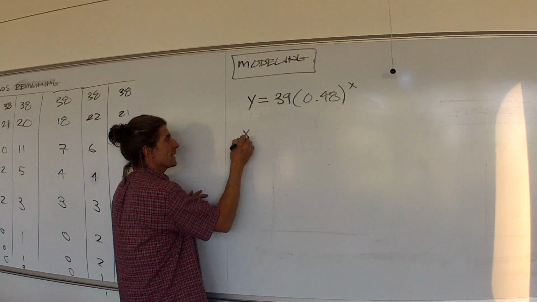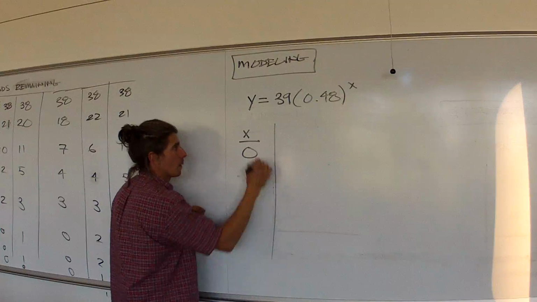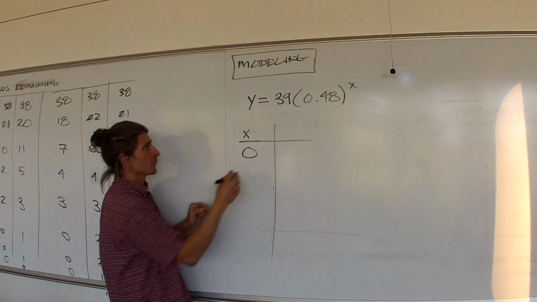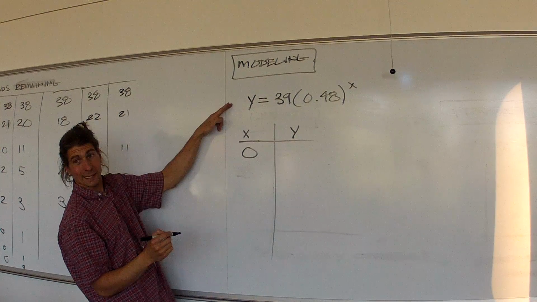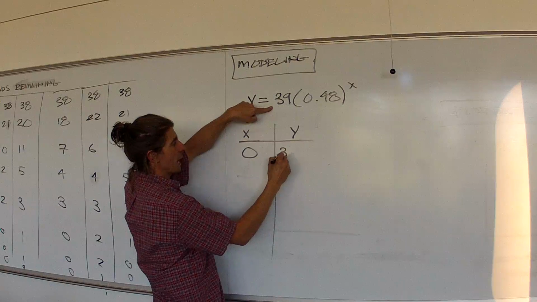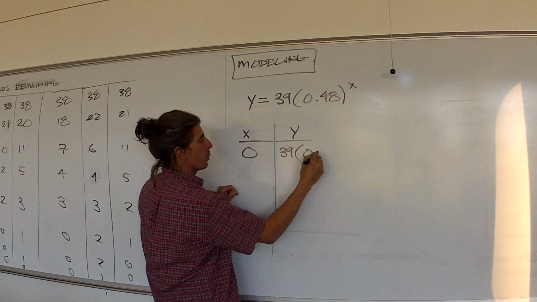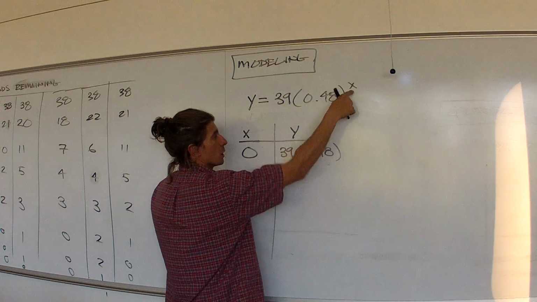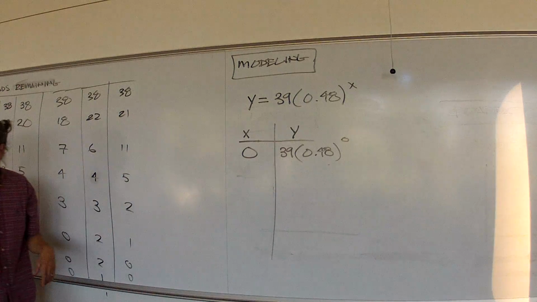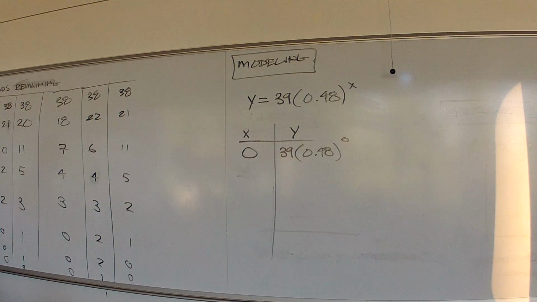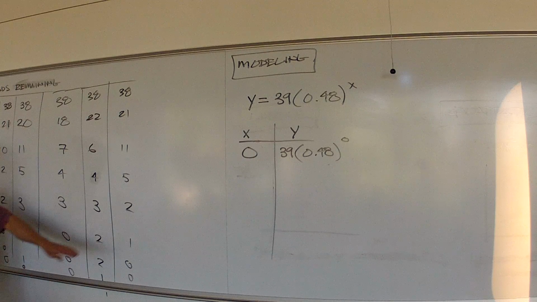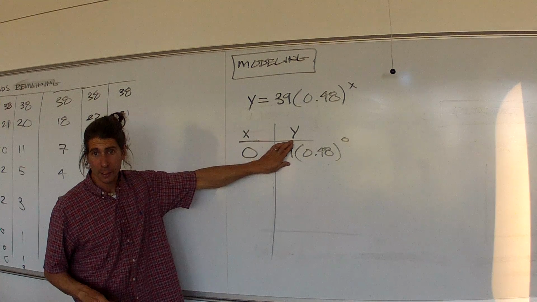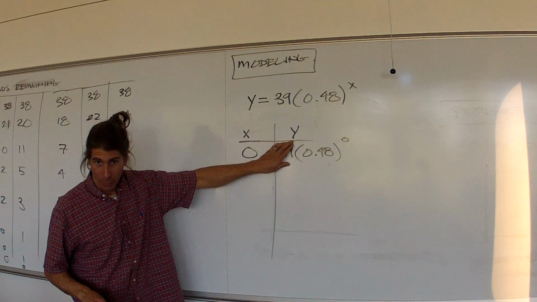So, when x equals 0, what's y going to be? According to this, it's 39 times 0.48 to the 0th power. Order of operations says exponents happen first. So what's 0.48 to the 0 power?